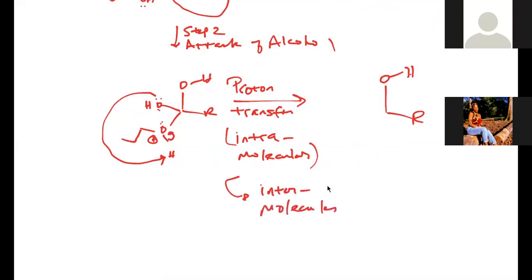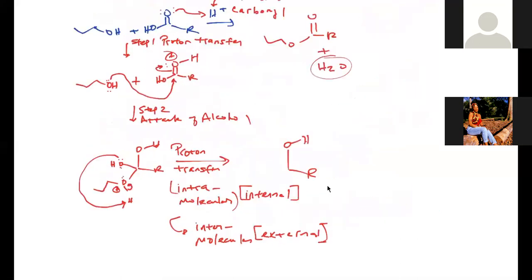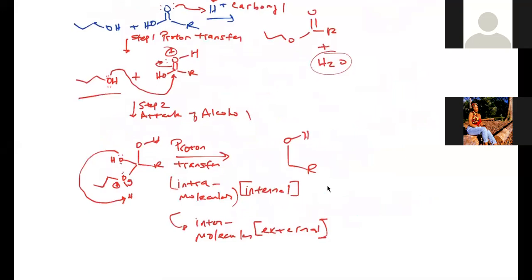So intramolecular, that's internal, and this is external, right? So right here in step one, the alcohol attacking the acid, that's intermolecular. But when a reaction happens within a molecule where there's no external reagents coming in, then it's intramolecular.